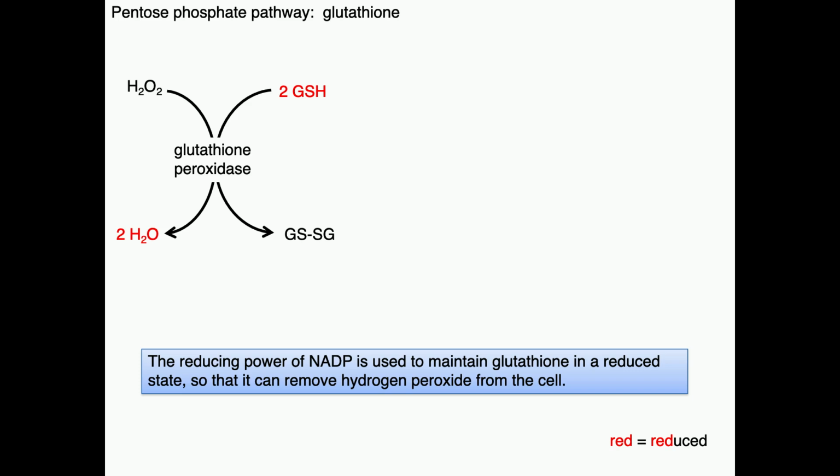Okay, so if we have hydrogen peroxide generated, we talked a little bit about where hydrogen peroxide can come from, right? So if you get single electron transfer from coenzyme Q to molecular oxygen, for example, you'll make superoxide.